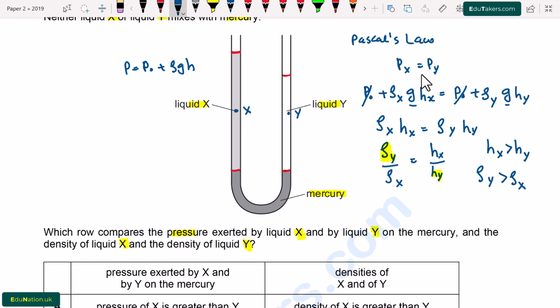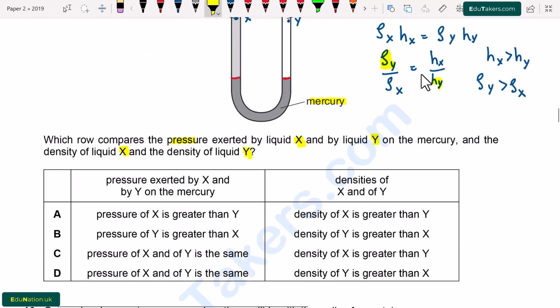Now we see the options. Option A, pressure exerted by the X and Y on the mercury is given, with densities of X and Y. Option A says the pressure of X is greater, but the pressure is equal, so option A is incorrect. B, the pressure of Y is greater, this is also incorrect. C, the pressure of the X and Y is the same, this statement is correct.